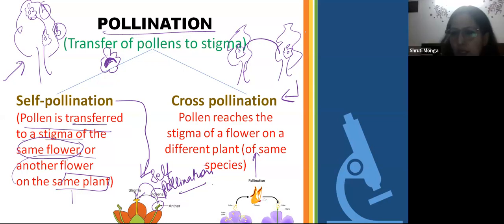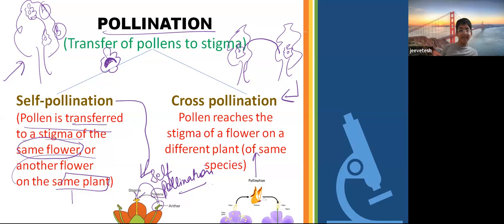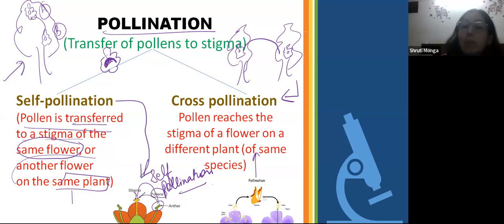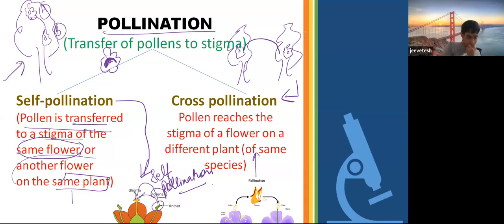For cross, no, the plants are different. I mean like flowers. See, the entire plant on which the flower is borne must be completely different plants.